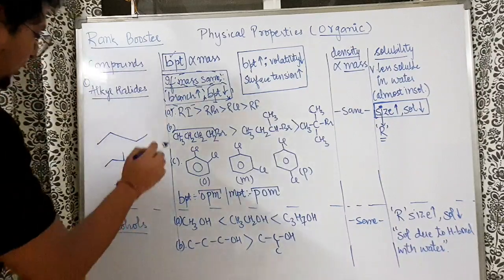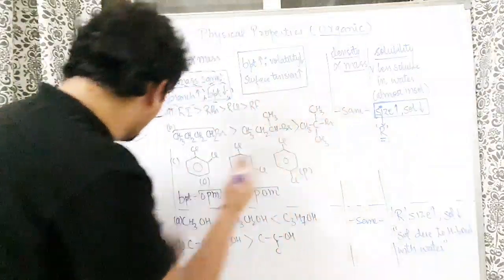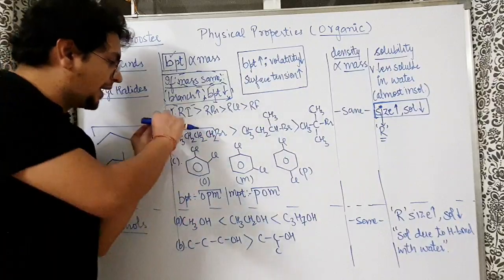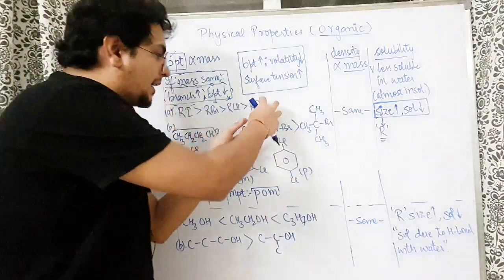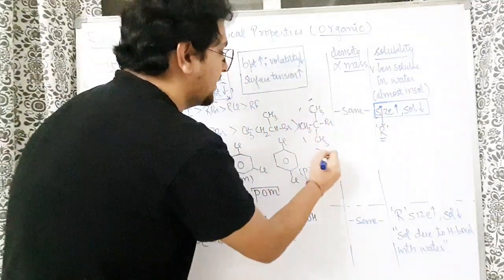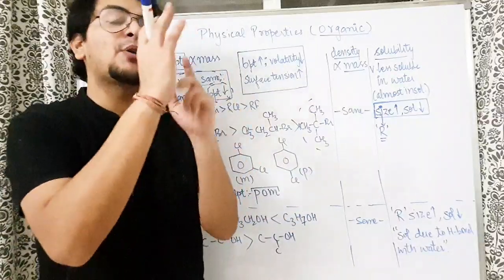Doesn't it look like the surface area is more, and as the branching increases, the shape becomes more and more spherical? This looks like a flat chain, this has a little curvature, and this looks like a complete spherical shape.